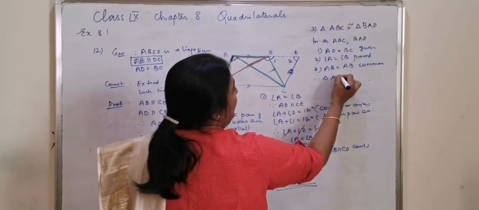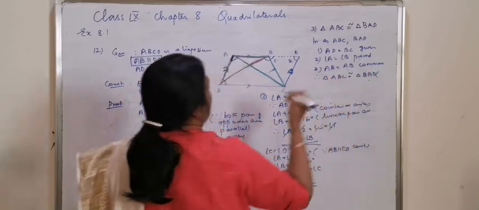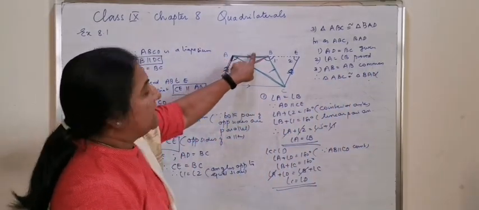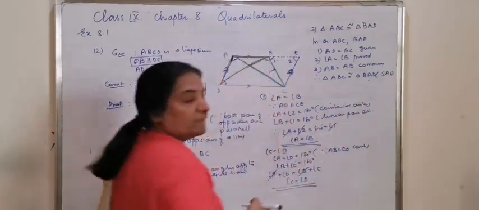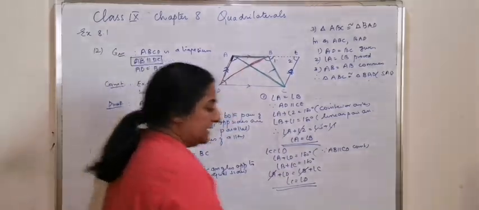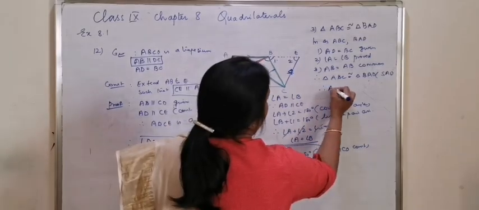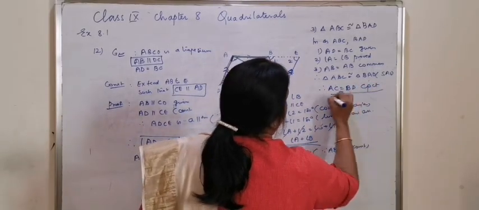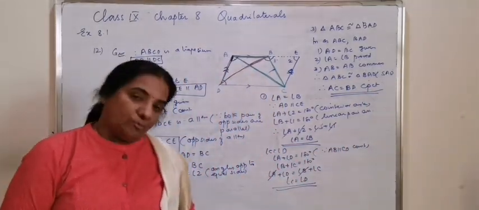Therefore, triangle ABC congruent to triangle BAD by SAS, one side, this angle and this side. And by CPCT, AC is equal to BD, that is the fourth part to be proved. So, this is an important 4-mark question.